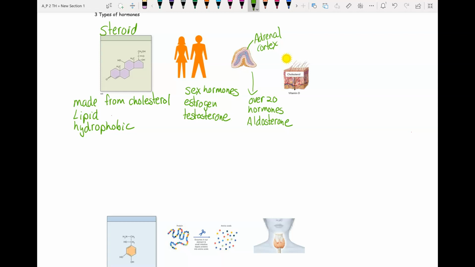Then another example is vitamin D. You probably remember this from chapter 6. When you eat cholesterol, that cholesterol goes to your skin where keratinocytes convert it to vitamin D when you sit out in the sun.